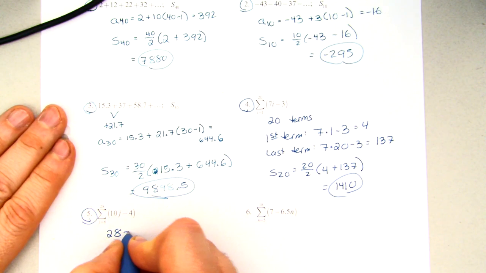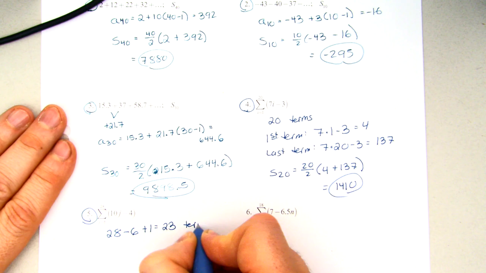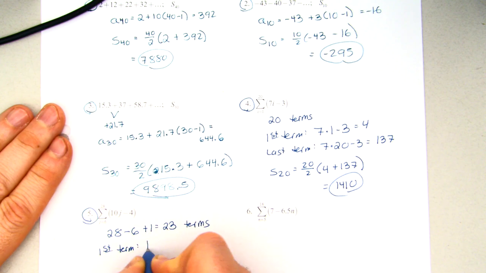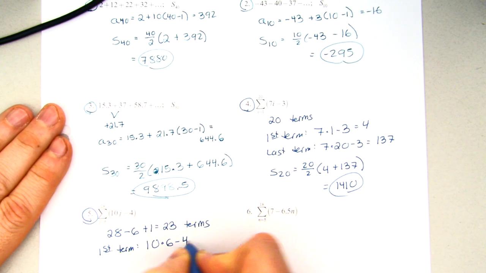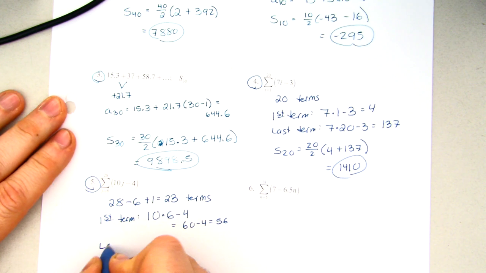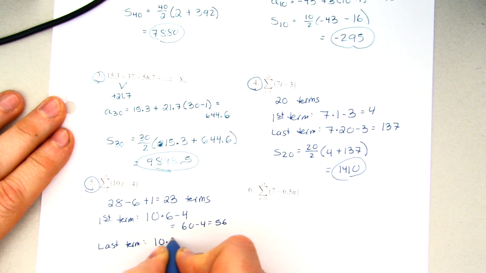There are 28 minus 6 plus 1, so there are 23 terms. First term will be 10 times 6 minus 4. 60 minus 4 will give you 56. The last term is 10 times 28 minus 4.